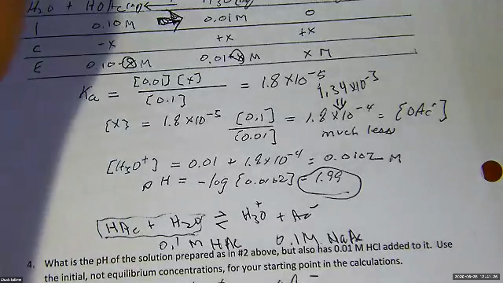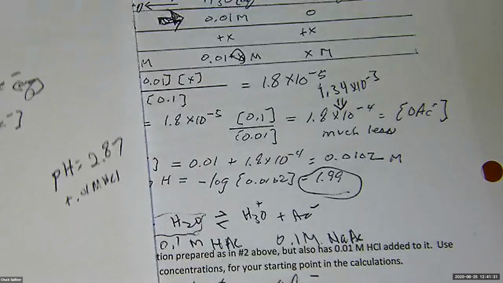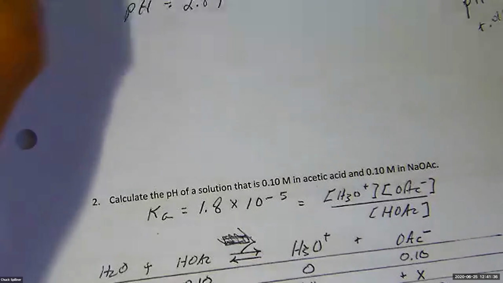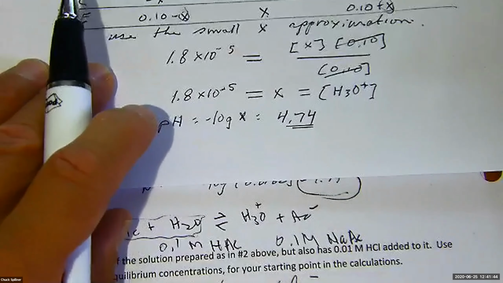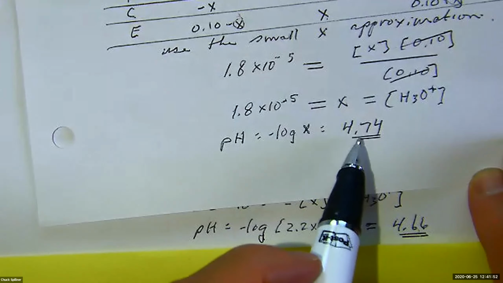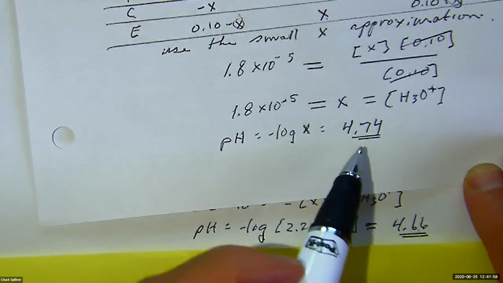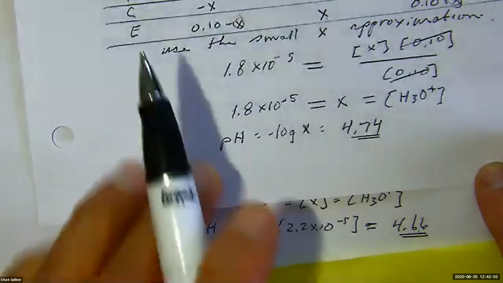But with sodium acetate, the pH was 4.74, and then when we add HCl, it only changes to 4.66. It hardly changed at all.